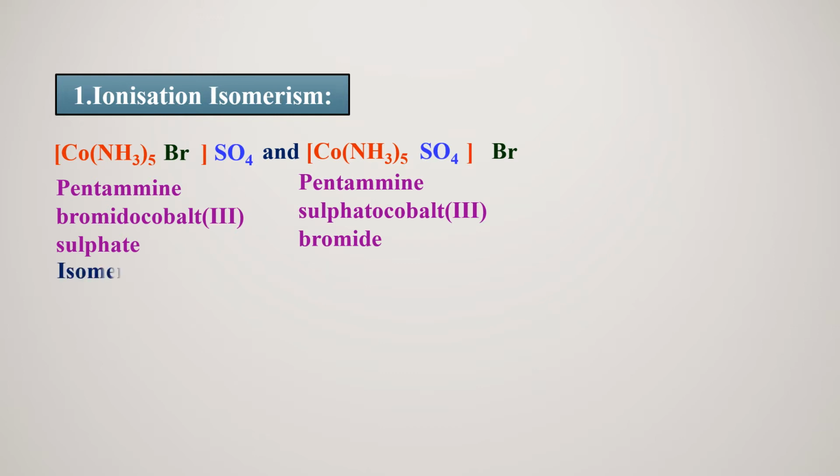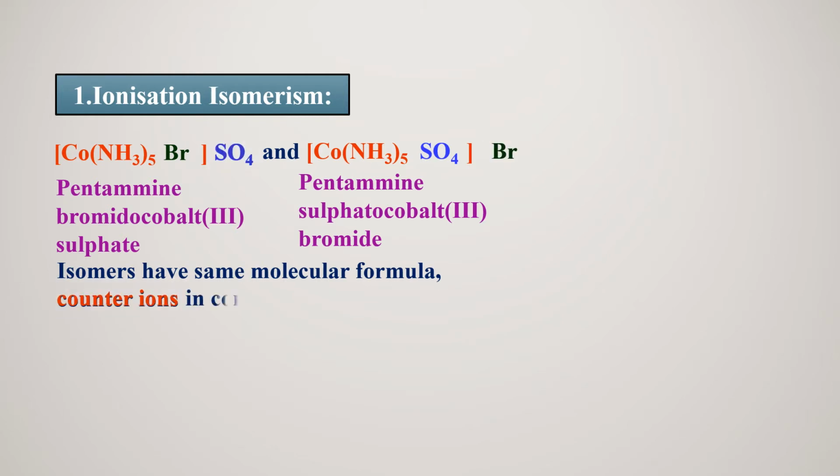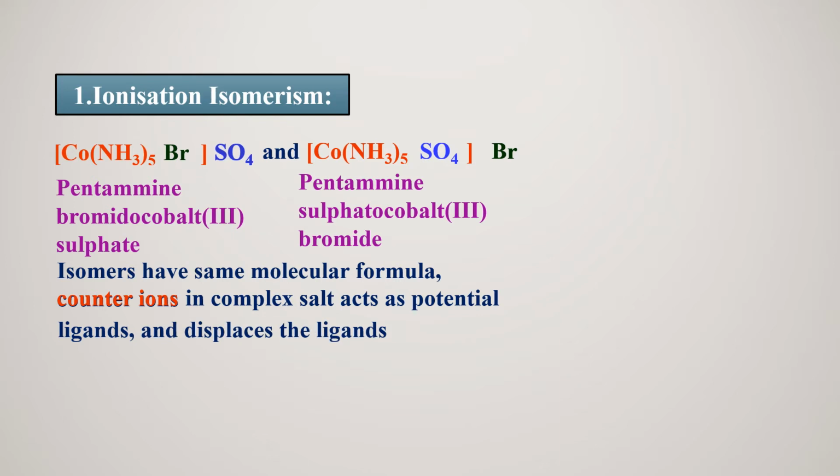So what can we define? Isomers which have the same molecular formula but differ in the counter ions. Either we can define: isomers have the same molecular formula, and counter ions in the complex salt act as potential ligands and displace the ligands.